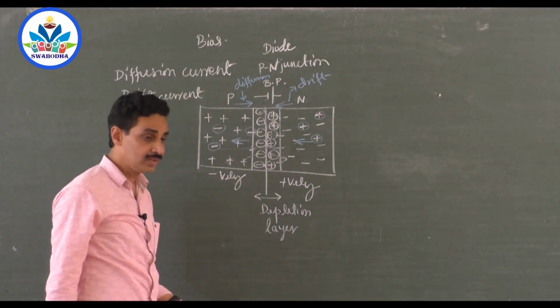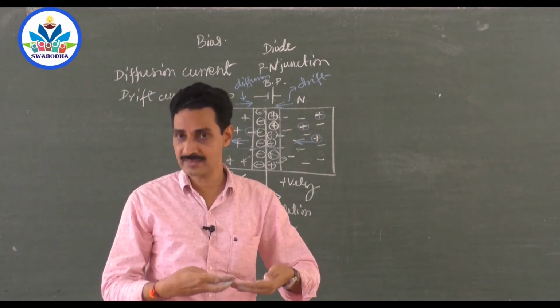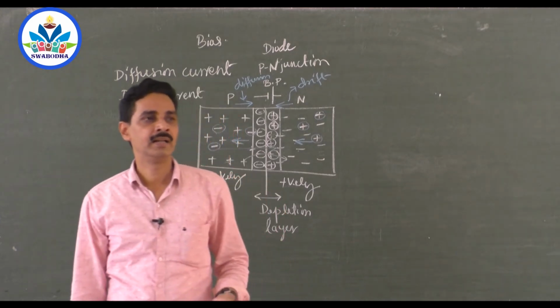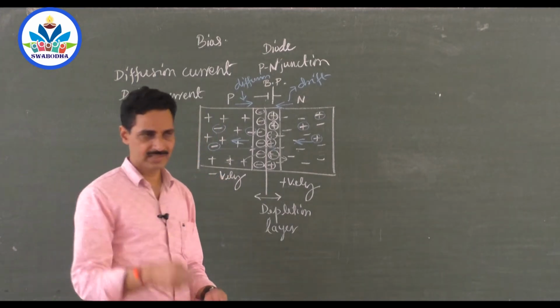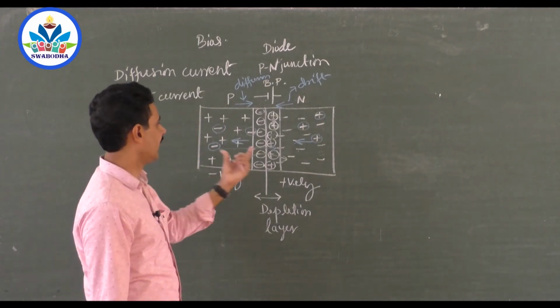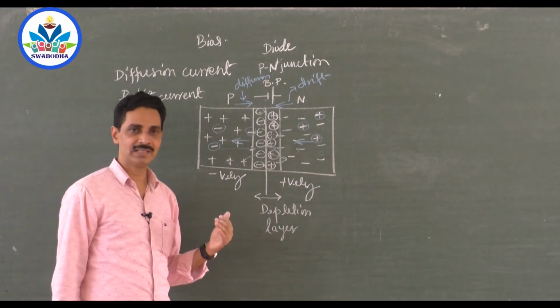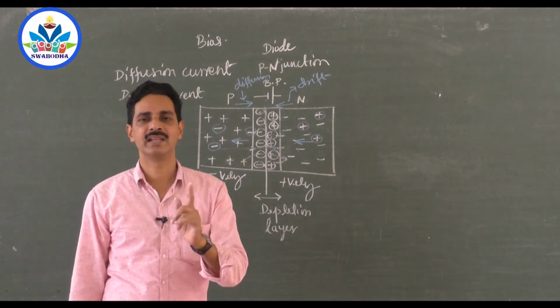So a diode is ready. A diode contains two regions, P-type and N-type semiconductors, and a single junction. When two rods meet, you have a single junction. So a diode is a semiconductor device containing a P region and an N region, and a single junction.